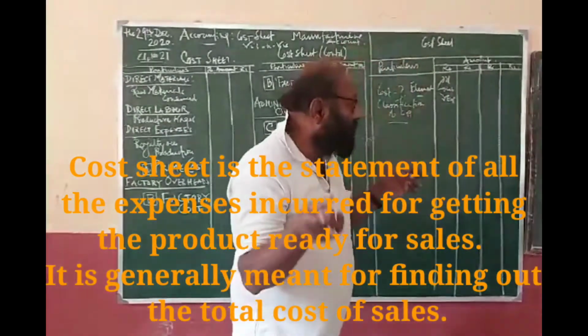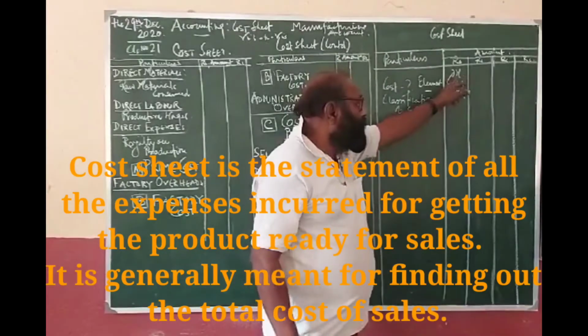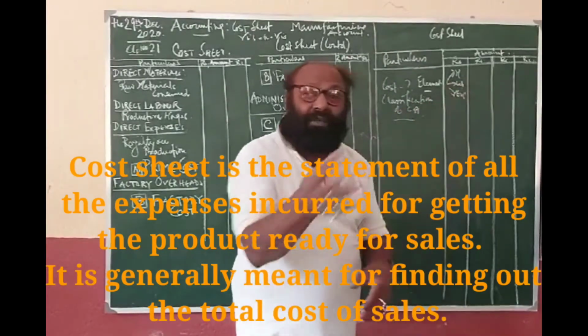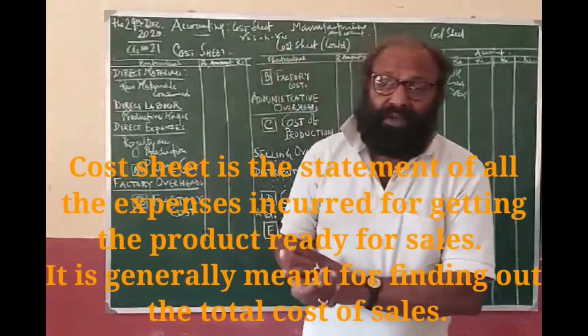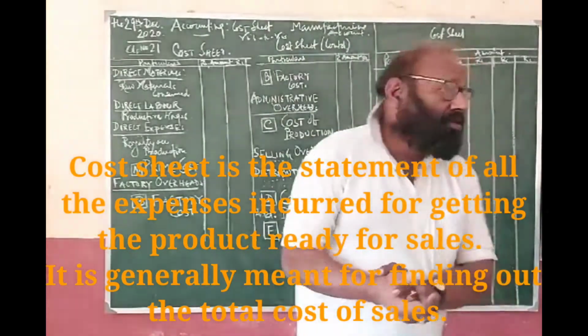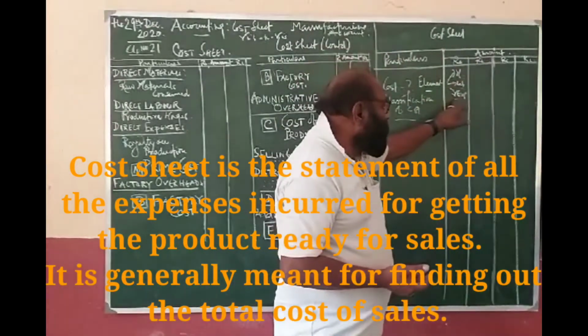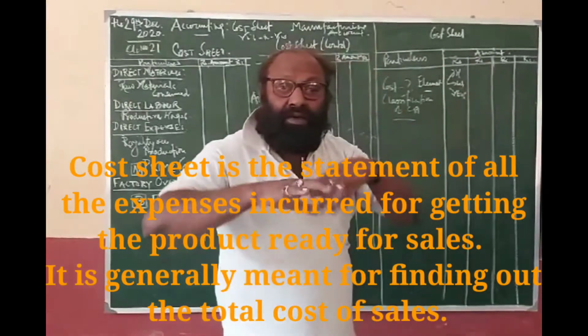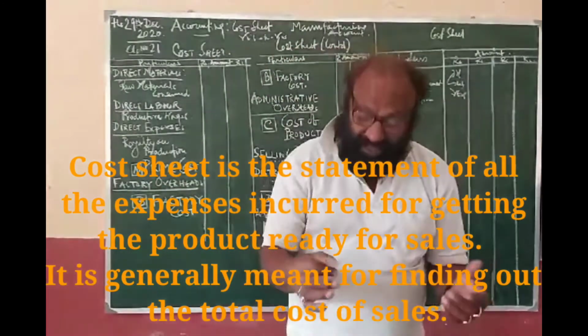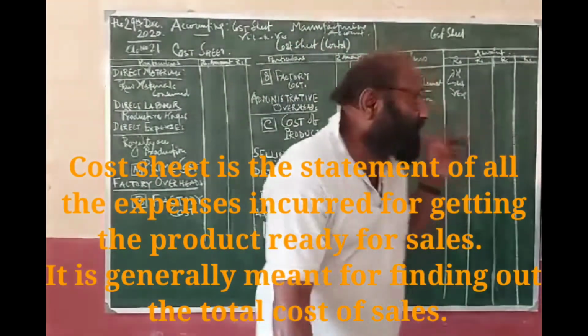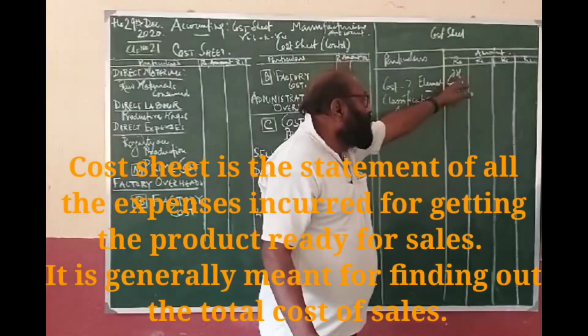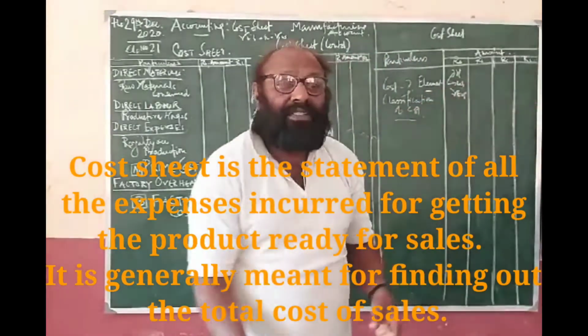All sorts of goods are known as material. The conversion process depends on the human being, that is labor. So it is the labor charges and the different expenses incurred in the production of goods and services that are known as expenses. And among these materials, there are a good number of materials.